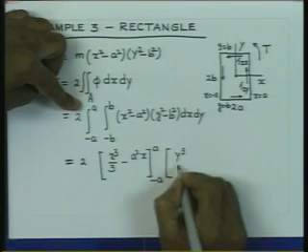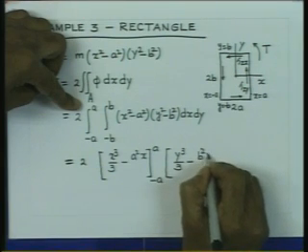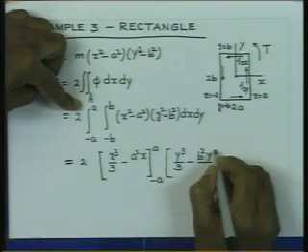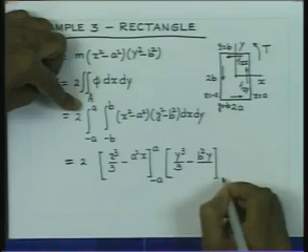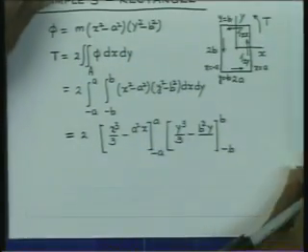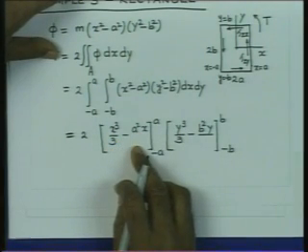Similarly, y cube by 3 minus b square y from minus b to plus b. So, this will give us a cube by 3, this will give a cube.